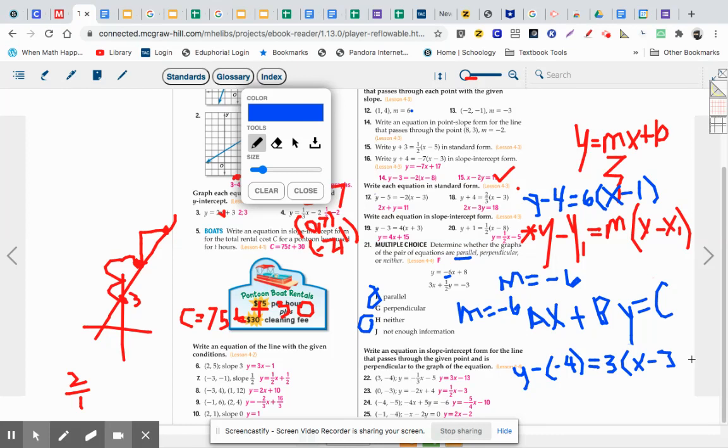Like that. All right, now y minus negative 4 is the same thing as y plus 4. Keep change. Equals, here I'm going to use the distributive property, so that's 3x minus 9. All right, now, after that, I'm going to subtract 4 from each side.